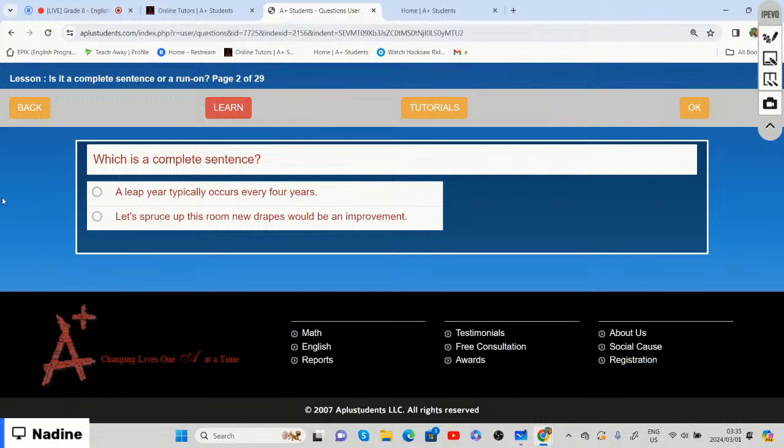So we need to say which one is a complete sentence. And we can say a leap year typically occurs every 4 years. And currently, this year, we have a leap year. Actually, today, which is the 29th of February.